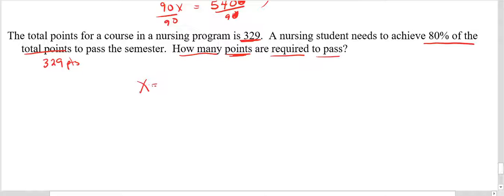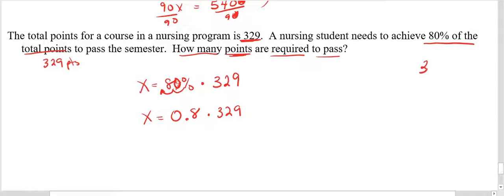So to see how many are required to pass, we're going to take 80% of the total, so 80% times 329. Change my percent to a decimal. So x equals 0.8. Again, there are no numbers after that 0, so it can go away. Times 329.